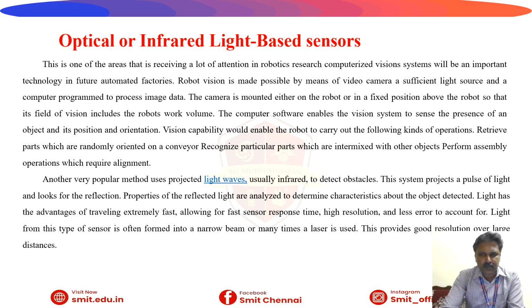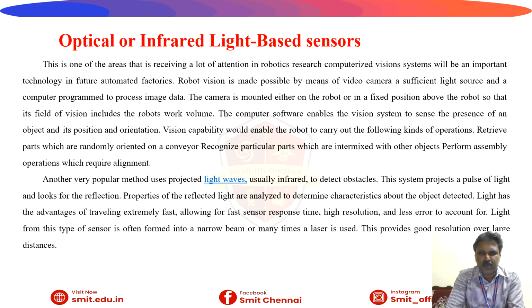Then the last slide of this part 3: optical or infrared, both names are the same, optical or infrared light based sensors. This is one of the areas that is receiving a lot of attention in robotics research. Computerized visual systems will be an important technology in future automated factories.